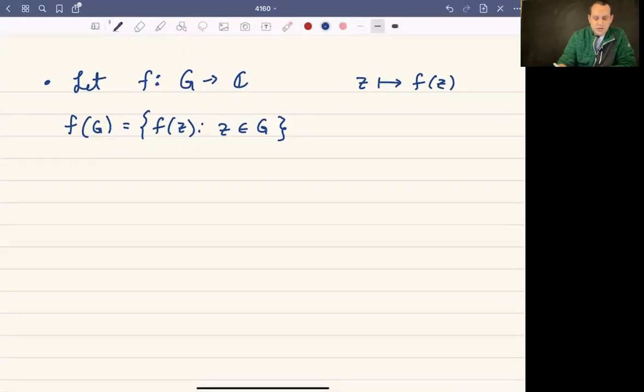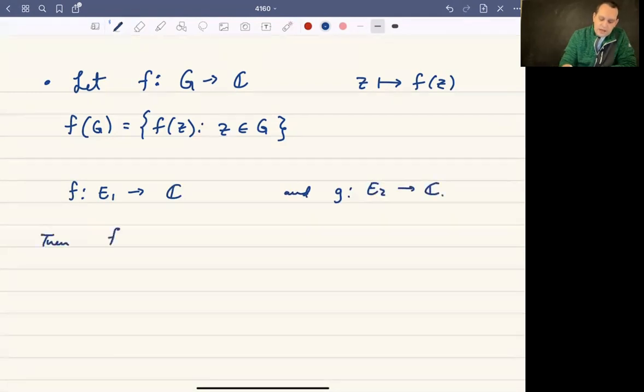And let me just give you an idea here. Let's say that we have two functions f and g. I'm going to start using E1 for the domain so that we don't have a capital G and a lowercase g. But let f be some function that's going to map E1 to the complex numbers. And let g be a function that's going to map the set E2 to the complex numbers.